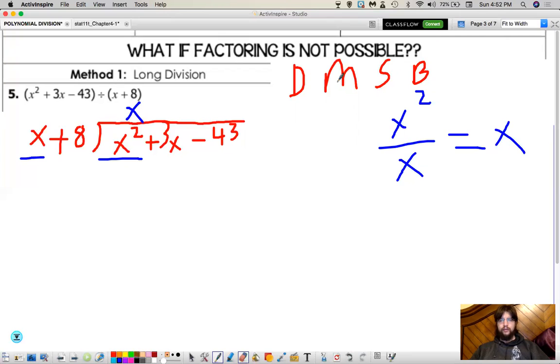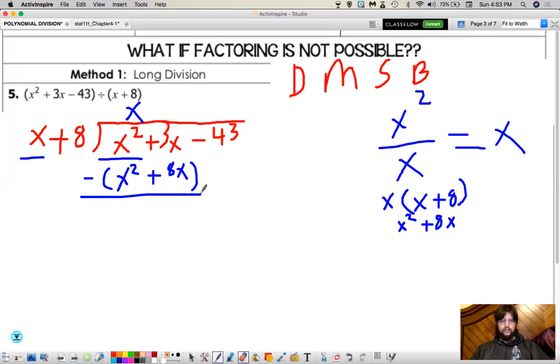That's the division. Then we multiply. What do we multiply? Our quotient times our divisor. That's going to be x squared plus 8x. That's what we're going to subtract. We're going to put it right underneath here, and we're going to subtract it.